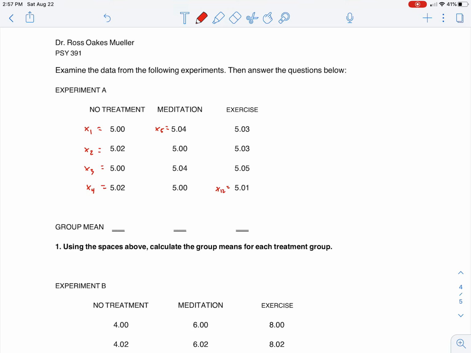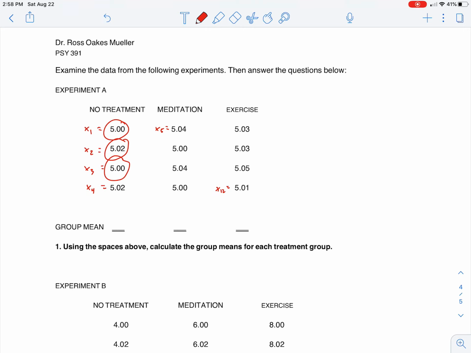And you can imagine that these are relaxation numbers. So this is how relaxed someone is. Don't get too caught up on it, but each person has a relaxation score. These are individual scores.